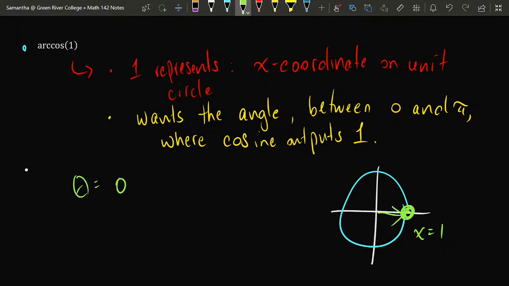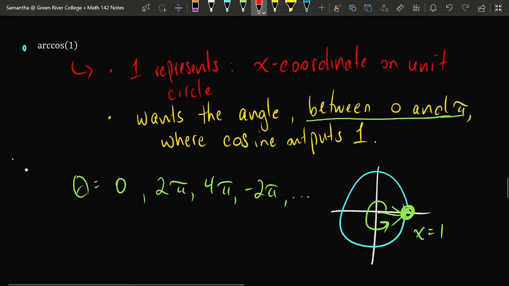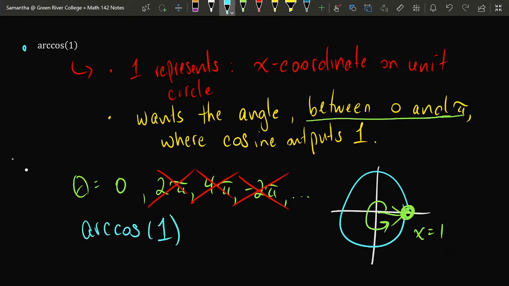But also, technically, any other coterminal angle would put us at the same location. However, arc cosine is designed to produce the specific angle that lives between 0 and pi radians. So as a result of that, I'm going to reject all these other possible answers because they're not in the right range. In answer to this question, I would say that arc cosine of 1 is equal to 0 radians.